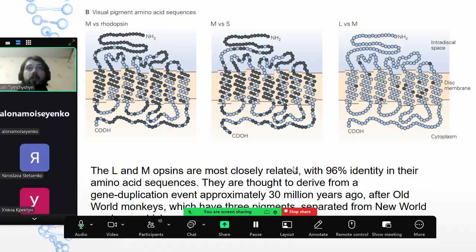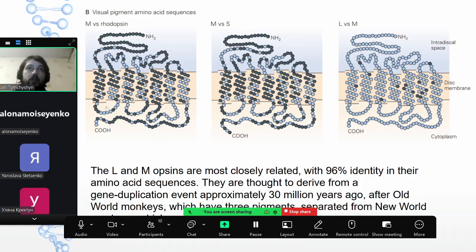Here you see some sort of evolution of different rhodopsins. These are comparisons of proteins that we have in rods and in cones, or let's say opsins. So here you see rhodopsin, that's the opsin found in rods, and M means M opsin, the medium wave opsin, or the one that is responsible for the green light.